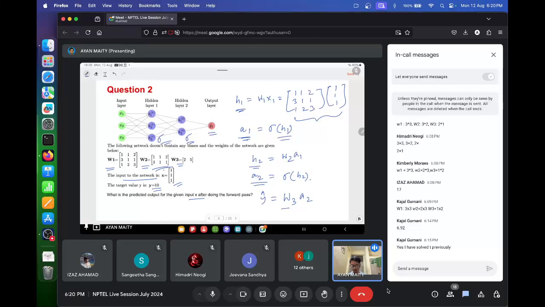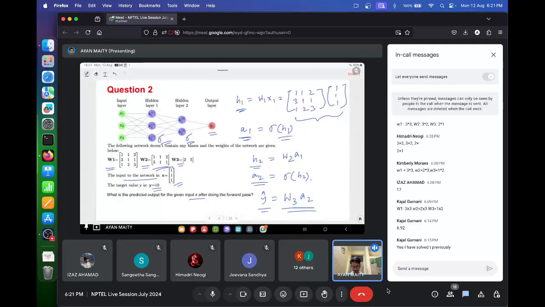Though no activation function is required, we just have to multiply the weight matrix W3 with the previous hidden layer activations A2. So W3 A2 is the y hat, which is the predicted value for the input X. So this is how stepwise you have to calculate this output for a given input.